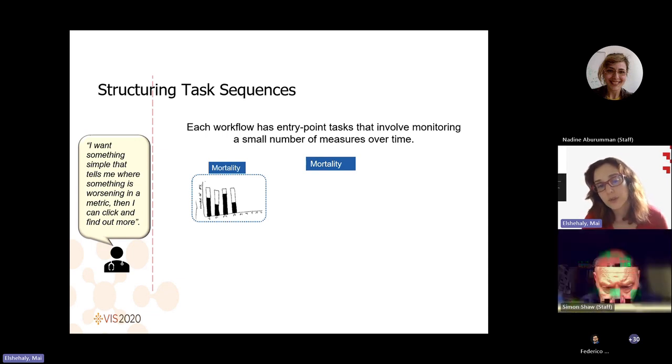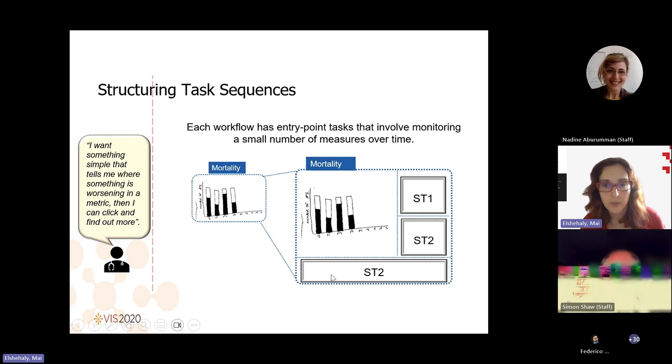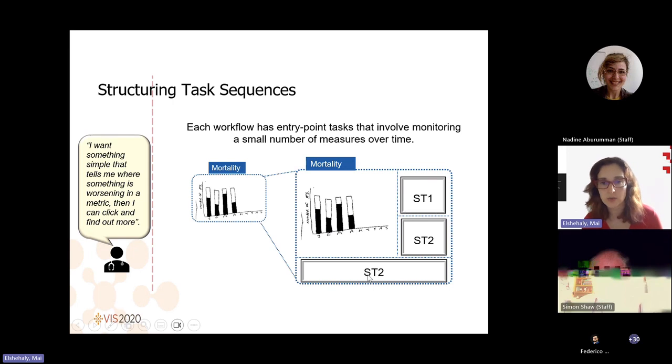So we knew at least one bit of design that was really easy to identify. We want something that is self-contained for each one of these metrics, that has a bar chart, and then the ability to click and look at more information. Our task in analyzing the interview data and co-design data was then to identify what we call the different subtasks: subtask 1, subtask 2, subtask 3.